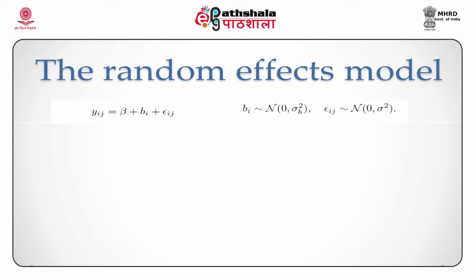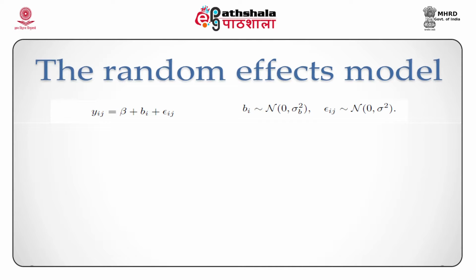That is, we are assuming that Bi, which represents the deviation from the overall mean beta for the ith rail, itself has a distribution across the rails, and this distribution is normal and given by Bi follows normal 0, sigma b squared, and this is independent of the epsilon ij's which follow IID normal 0, sigma squared.